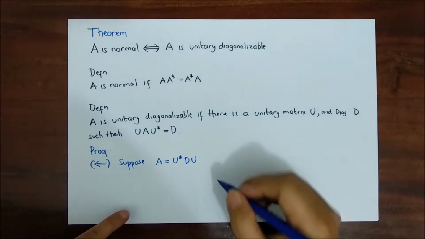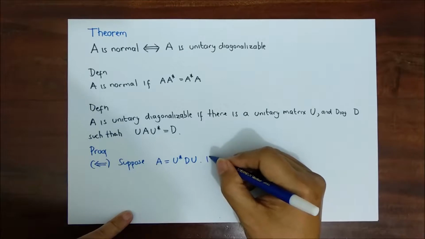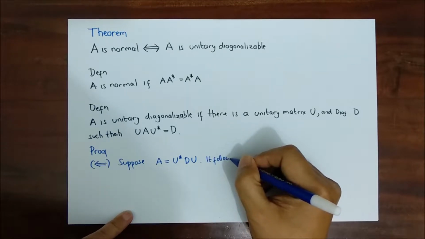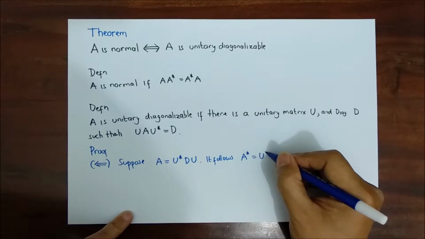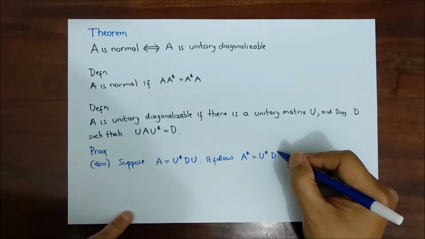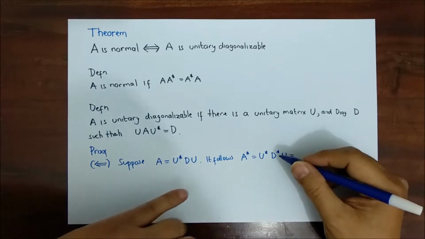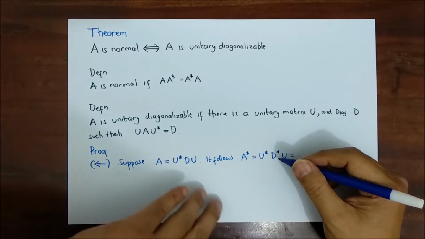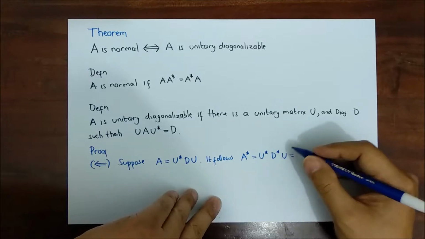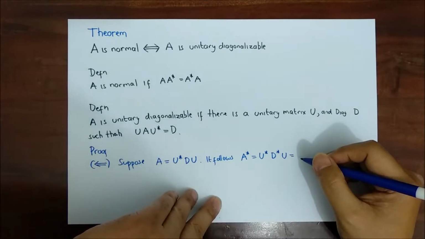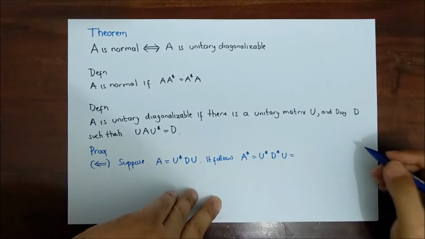And then from this, if we take the star of A, it follows that A star is equal to U star D star U. If we have a diagonal matrix and take the transpose conjugate of that matrix, what we do is simply take the conjugate of the diagonal entries.